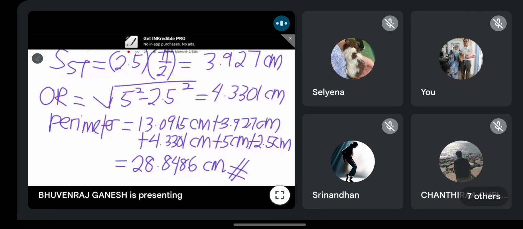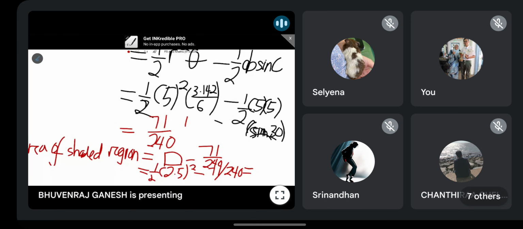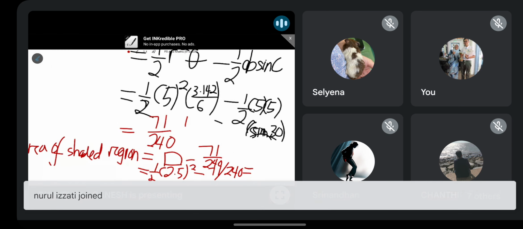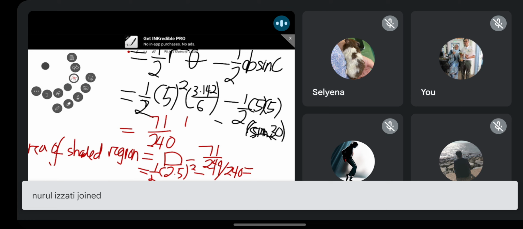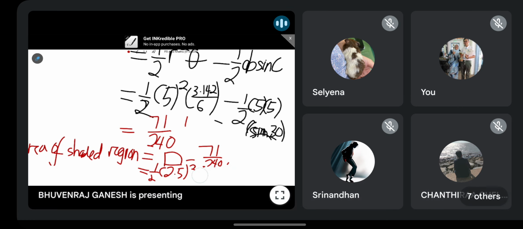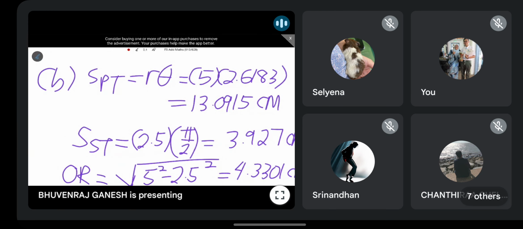Saya tak letak satu nilai, sorry ya. Saya lupa sudut. Okay, sudut dia pi bahagi 2. Okay, jangan lupa sudut kat sini. So it's pi over 2. And then minus 71 over 240. So you will get, jawapan akhir dia 4.62. Okay, 4.62 centimeter square.